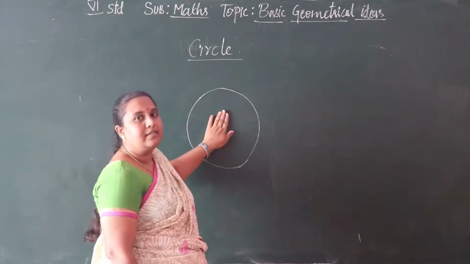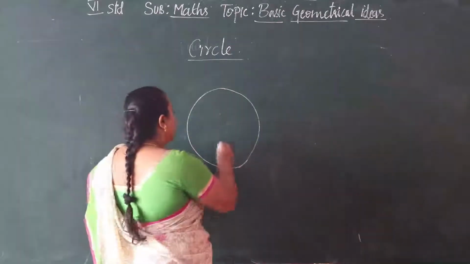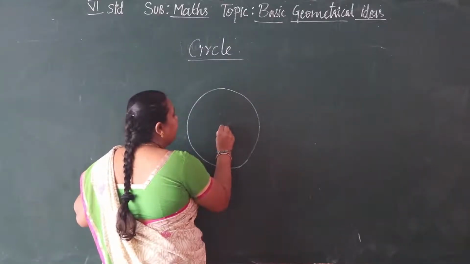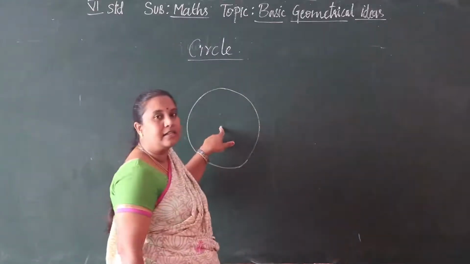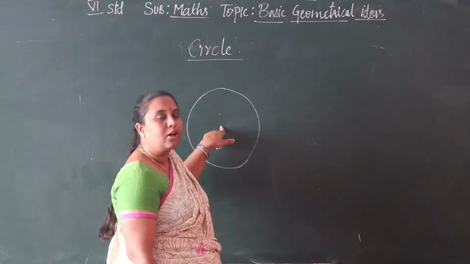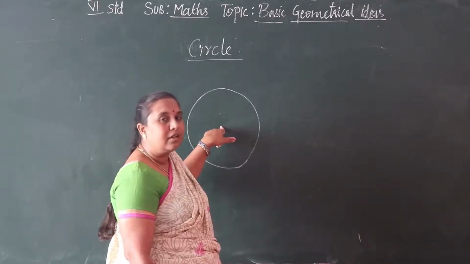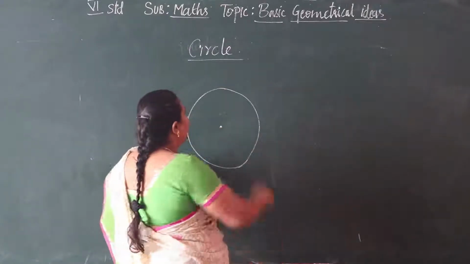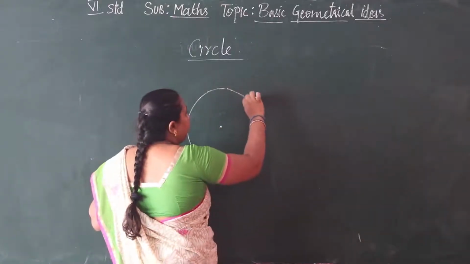In a circle we have a center. Using the center we can draw a circle by using a compass. Then what are the parts of the circle?